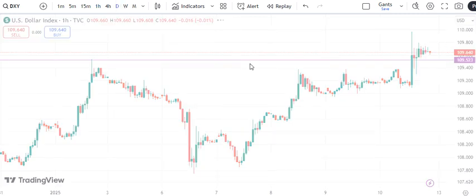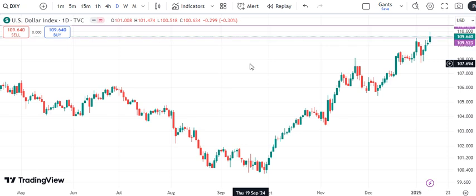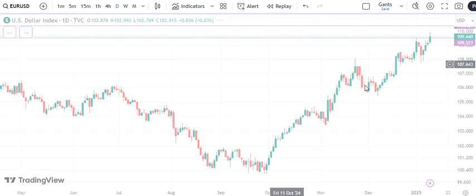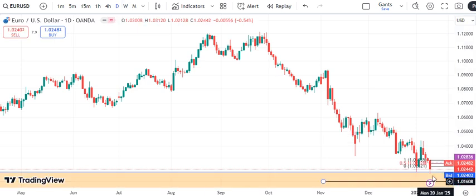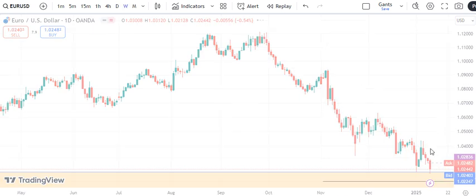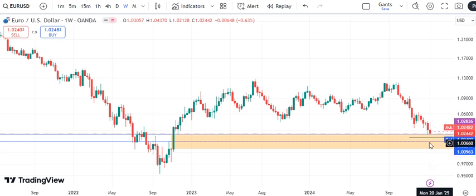Okay, going to the fiber, Euro USD. So last week, let me take off this. Last week we had price traded into, attempted to touch.